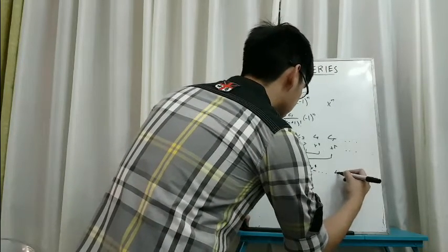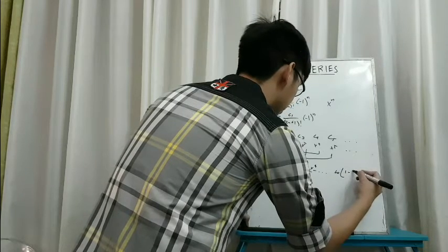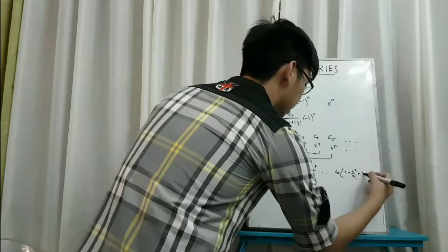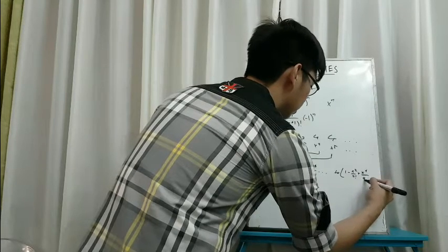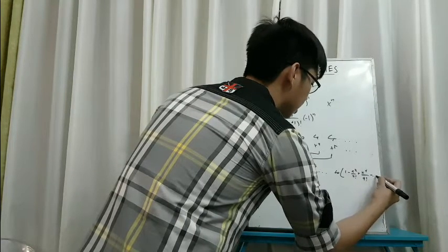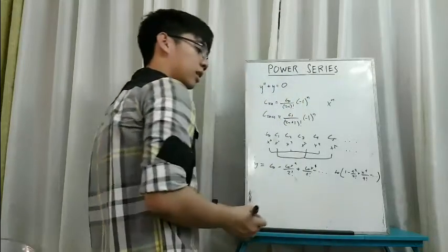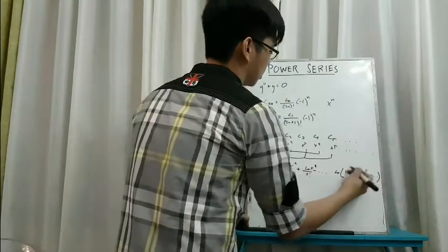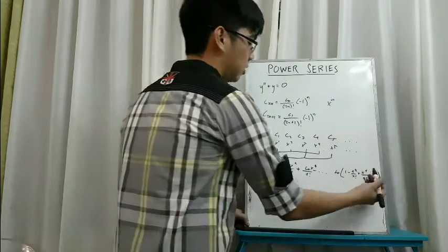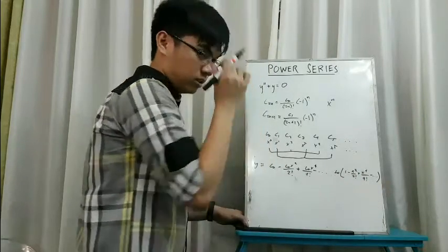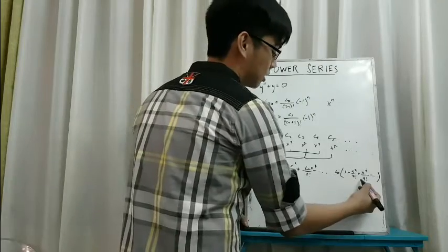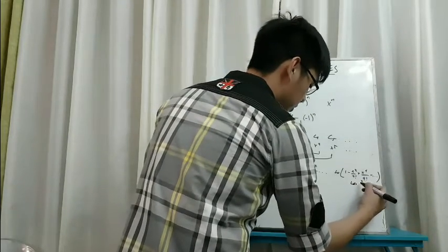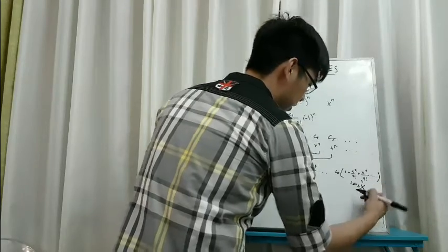This is C0 times 1 minus x squared over 2 factorial, plus x raised to the 4th over 4 factorial, minus that. And this series of equation, this is a transcendental function. This is actually cosine of x.